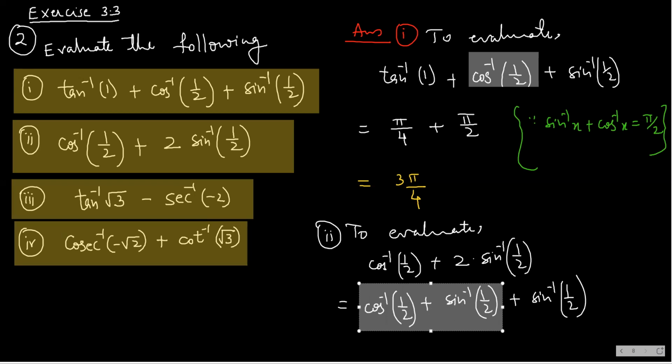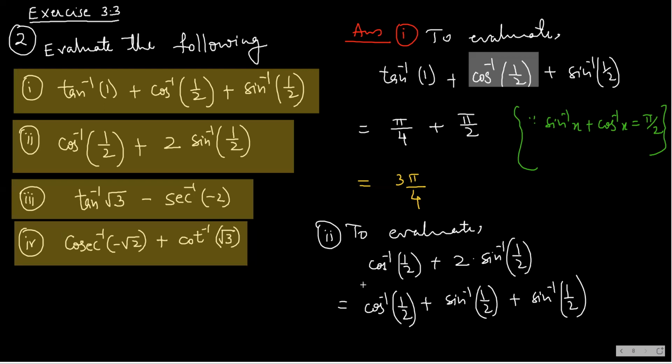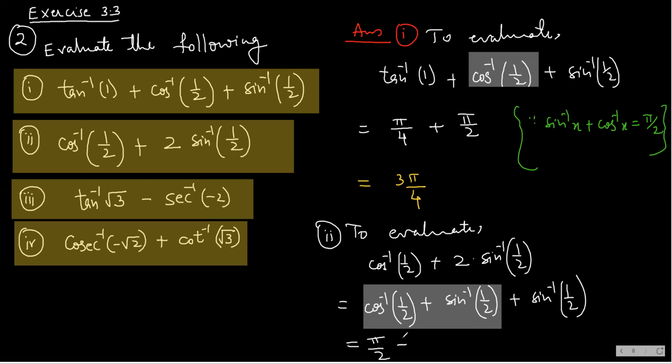And then as you know, cos inverse 1 by 2 plus sine inverse 1 by 2 will be pi by 2. Remember, if you have the same number, then sine inverse of this number plus cos inverse of the same number is pi by 2. So this whole thing is pi by 2. So here I write equal to pi by 2 plus, now what is this remaining term? It is the angle for which sine value is 1 by 2, and that angle is pi by 6, its principal value. So the final answer here is pi by 2 plus pi by 6.